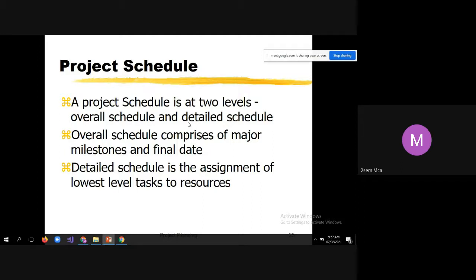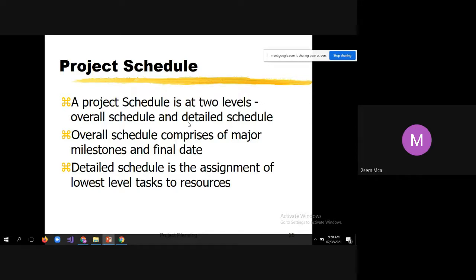Then detailed schedule is the assignment of lowest level tasks to resources. Detailed design deals with identifying the lowest level tasks, for example, who has to prepare the architecture diagram, who has to prepare the DFD, who has to write the source code, who has to prepare the test data, who has to write the test cases. Assigning the tasks and resources, that is what the detailed design will do.